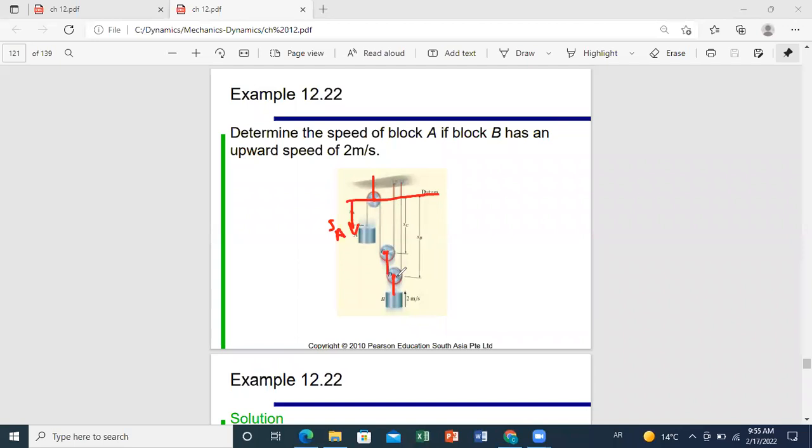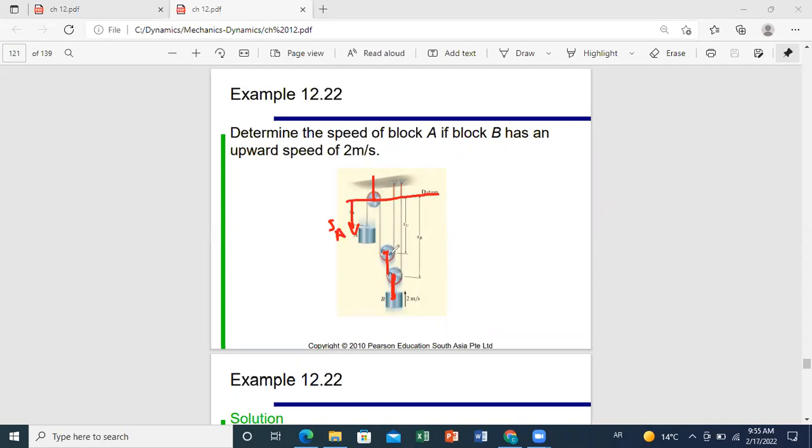Now, D and B will translate together. This point and block B will have the same velocity because they are related through a small segment of constant length. So no need to have one coordinate for B and one for D, since they have the same velocity and same acceleration.